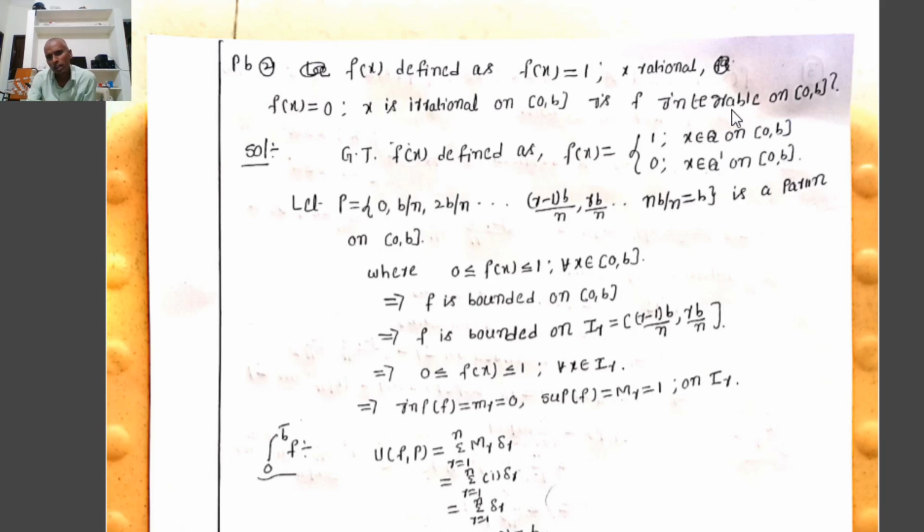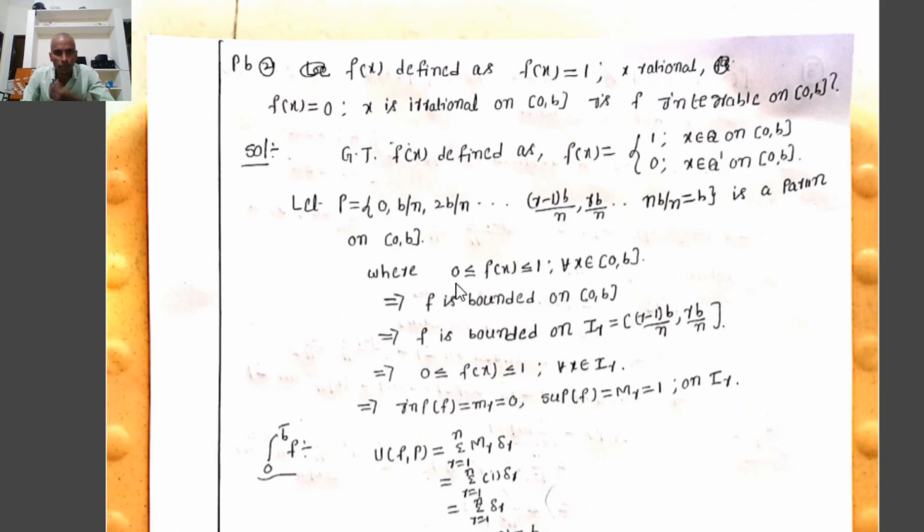Where we observe that on closed interval 0 comma b, for any real number, whether rational or irrational, the image must be equal to 0 or 1.